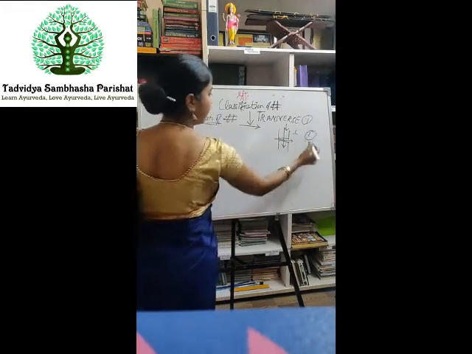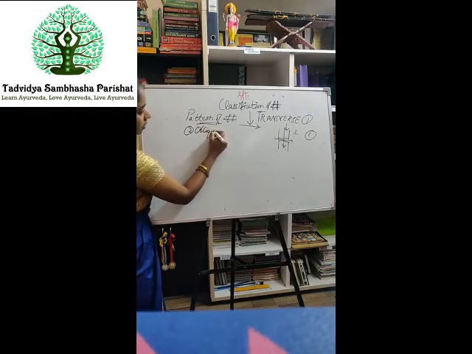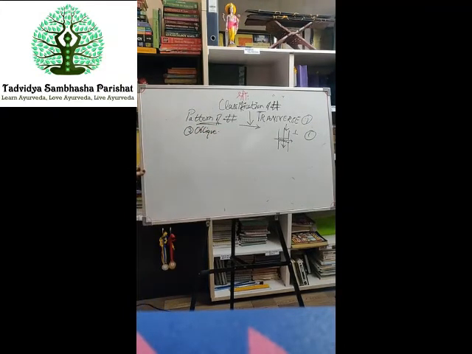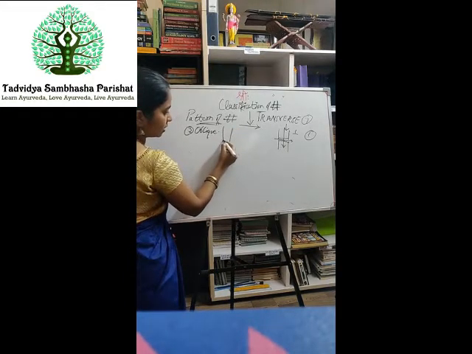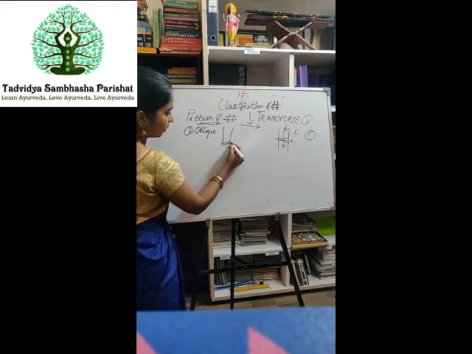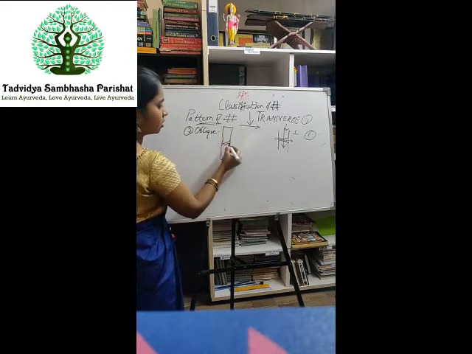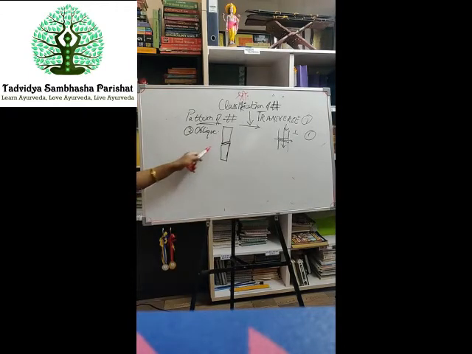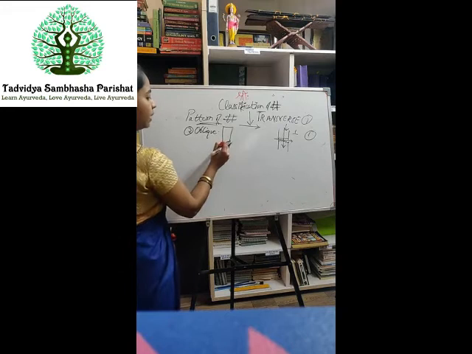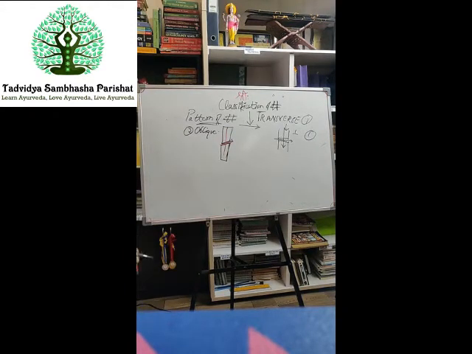Second one is oblique fracture. So in oblique fracture, what do we have? The fracture line is oblique with respect to the vertical. So this is oblique fracture. That is, the fracture line is oblique with respect to the vertical. So this is called oblique fracture.